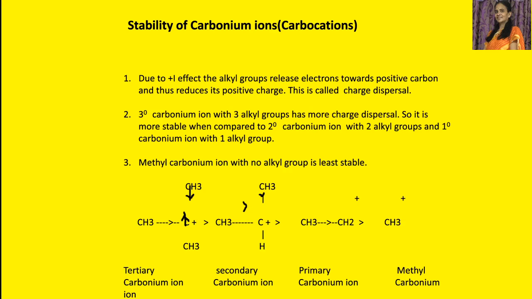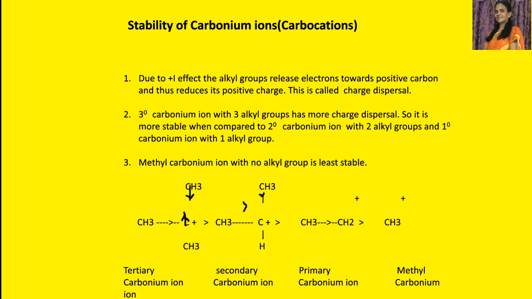So, due to the plus I effect of alkyl groups, they release electrons towards the positive carbon and thus reduce its positive charge, and this is known as charge dispersal. The tertiary carbonium ion with three alkyl groups has more charge dispersal, so it is more stable when compared to the secondary carbonium ion, which has two alkyl groups, and the primary carbonium ion with one alkyl group. Therefore, more charge dispersal, therefore more stable.